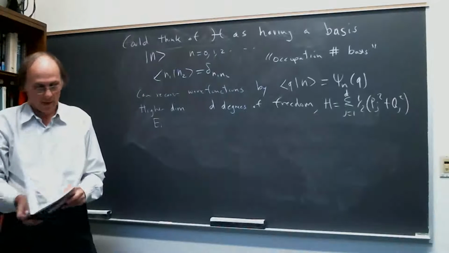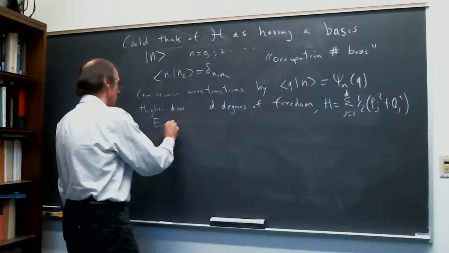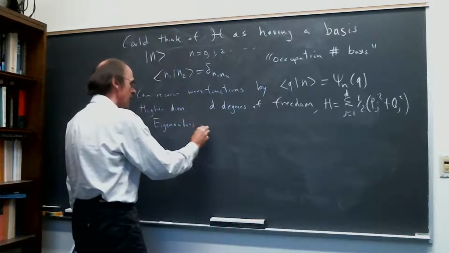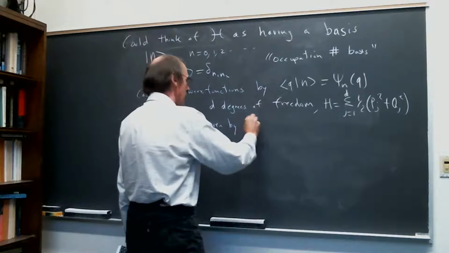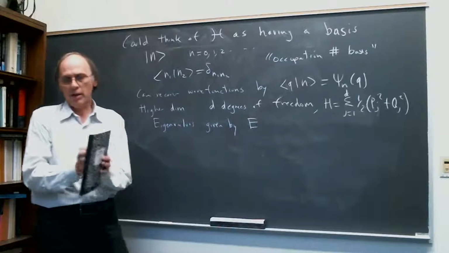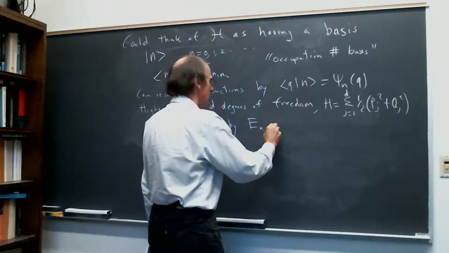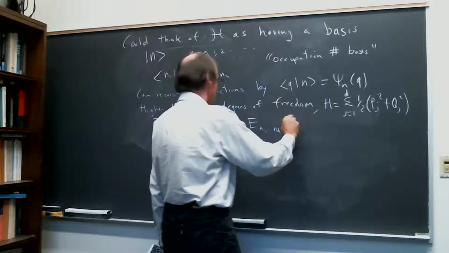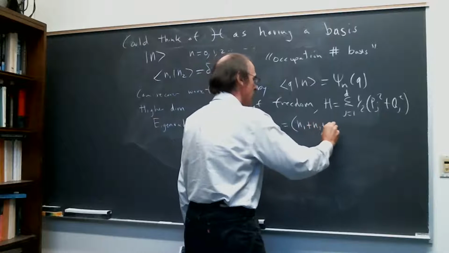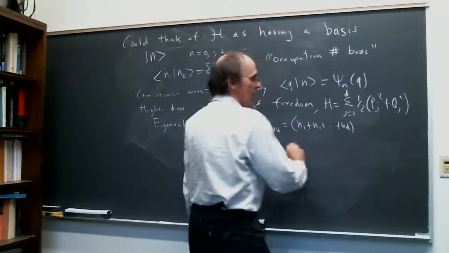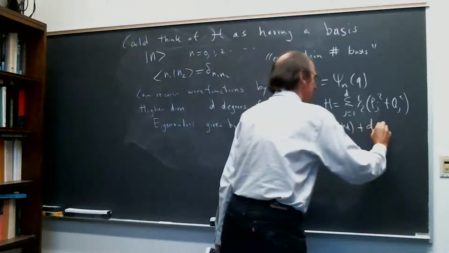And so the eigenvalues are given by E, and you just have to pick a list of d non-negative integers, n1 up to nd. It's n1 plus n2 plus up to nd, and then you've got d halves that show up.